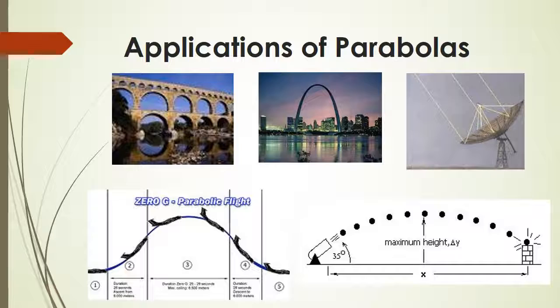A satellite dish is parabolic. And the reason for that is that it has a unique property. Anything that hits the curve itself will be reflected to the focus, or anything coming from the focus and hitting the curve will be reflected in perpendicular lines.